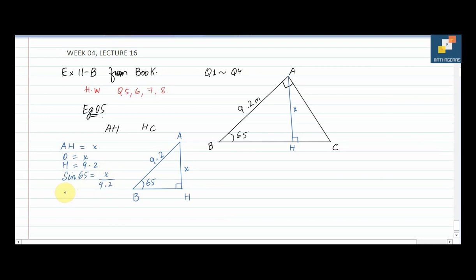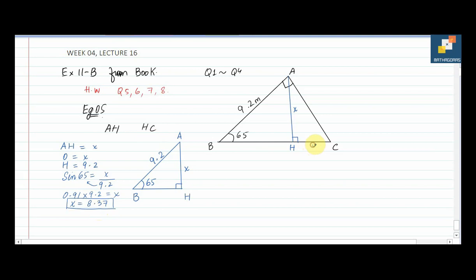So the value of sine 65 is 0.91. 9.2 when shifted to the other side will be multiplied, so 0.91 multiplied by 9.2 equals X. So 0.91 multiplied by 9.2, it's 8.37. So that is the value of X, right? So you can easily find out the value of X, and after that it asks for the value of HC.